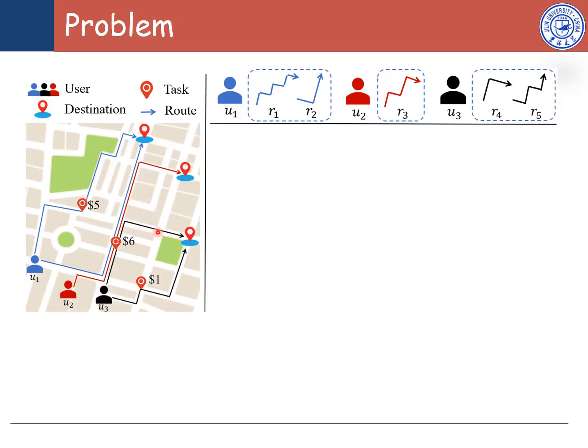As shown in the left part, there are 3 mobile users. When the users input the origin and the destinations in their smartphones, several routes are recommended to them. Each route may cover some emphasized tasks with a reward. When a user selects a route, it can complete the tasks on this route and get the corresponding task rewards.